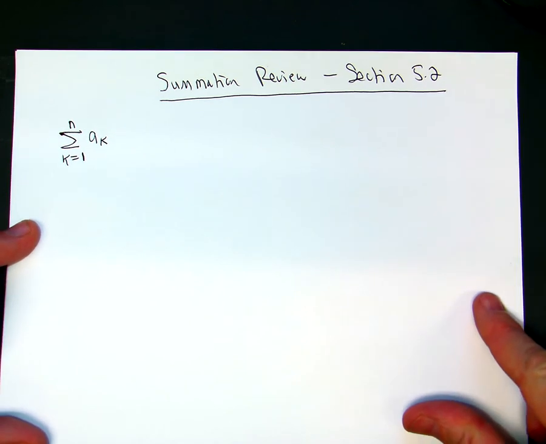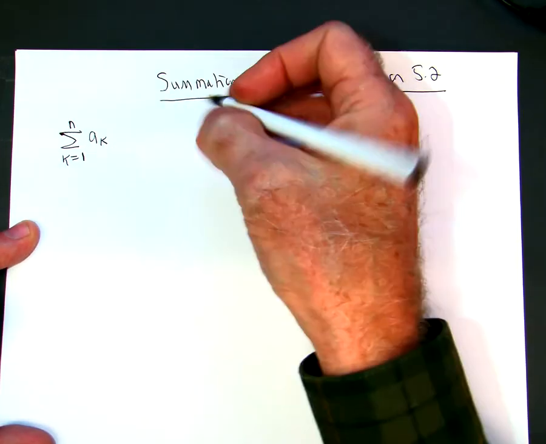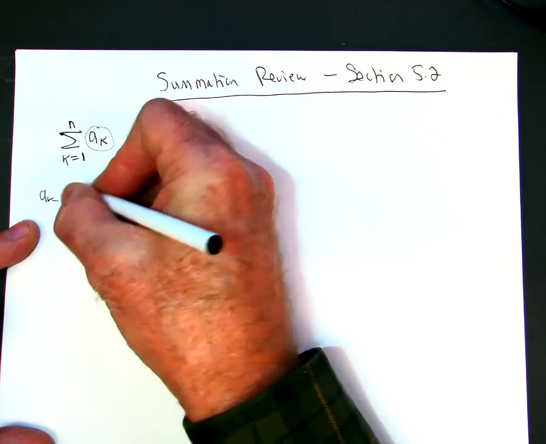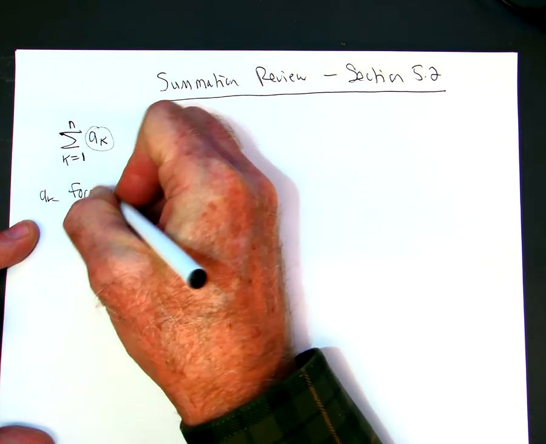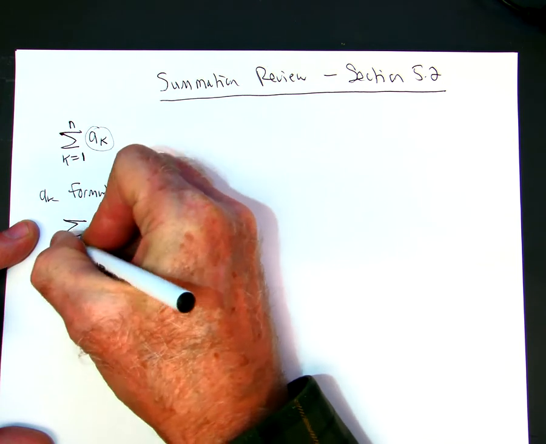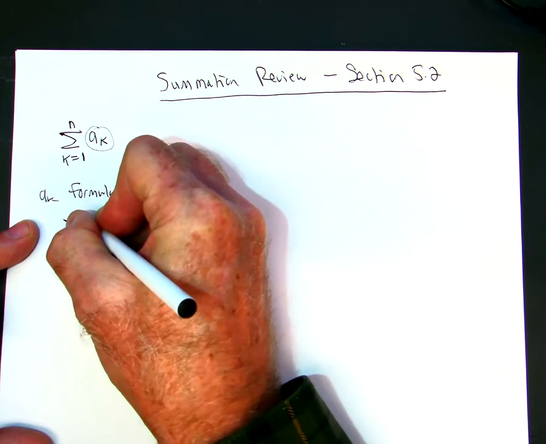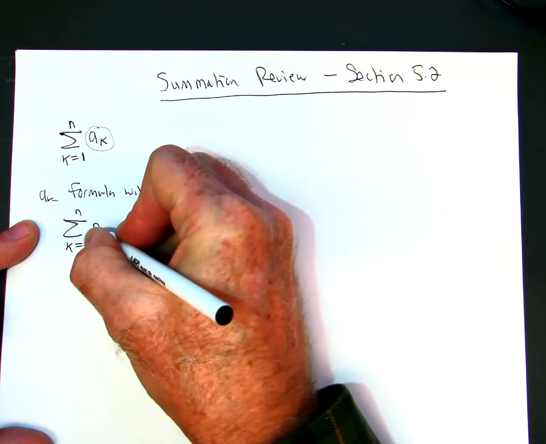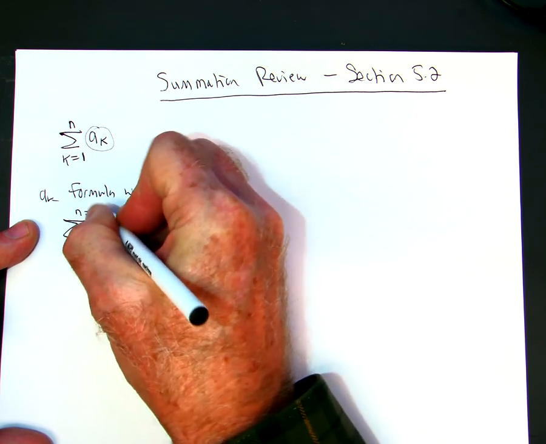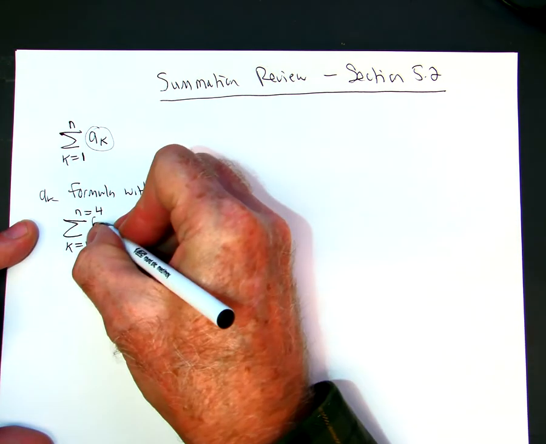First, let me give you the general idea. What a_k is. a_k is going to be some formula. So a_k is a formula with k. So for example, we have this formula right here. Okay, and that's a 2, sorry.